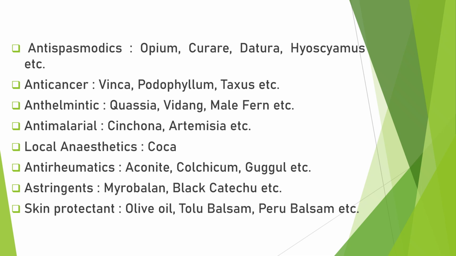If I talk about antirheumatics, then aconite, colchicum, and gugul definitely will be the option. For astringent, examples are drugs like myrobalan and black catechu. In case of skin protectant, it will be olive oil, tolu balsam, peru balsam, etc.